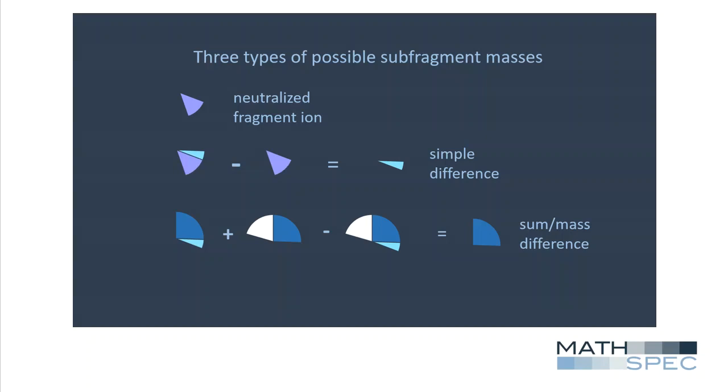We can obtain the masses of these smaller pieces, these subfragments, by simple additions and subtractions. For example, we have some of the neutralized fragment ions. There may also be simple differences and some mass differences.